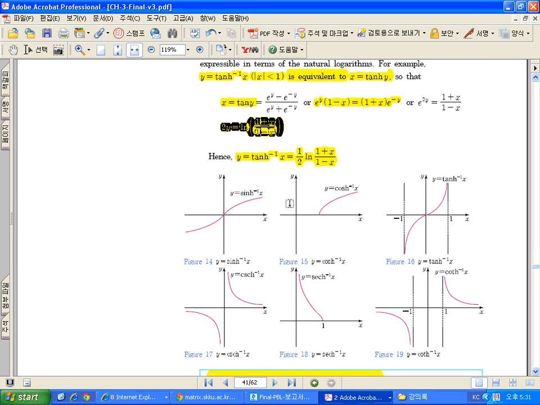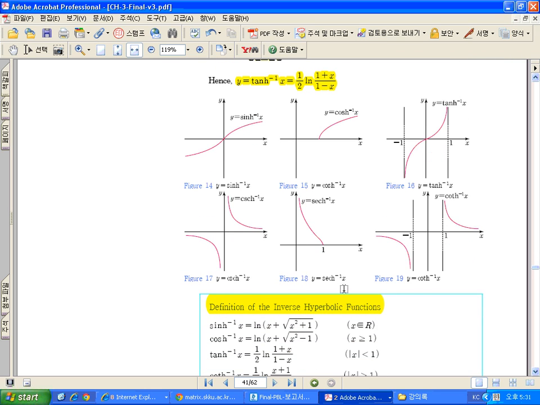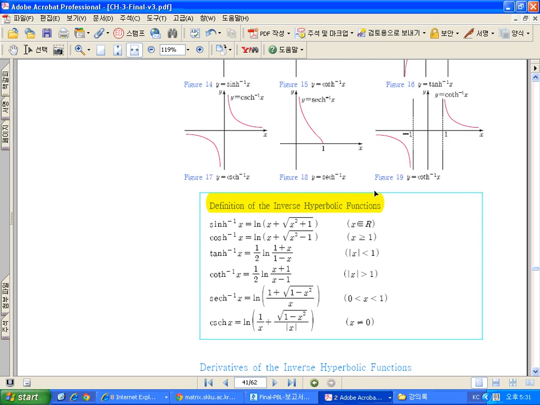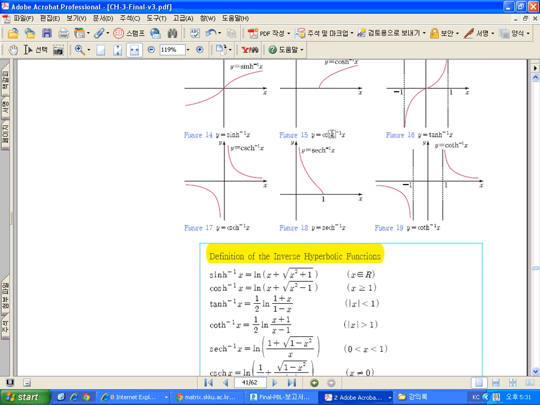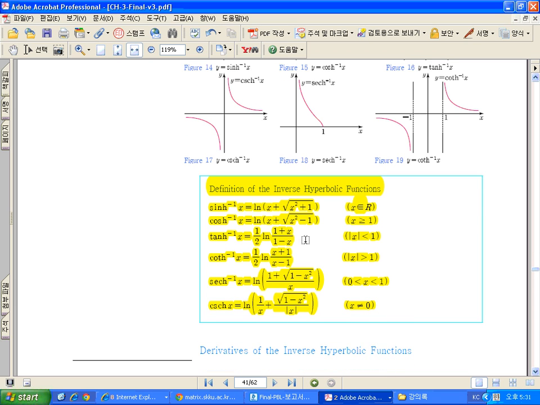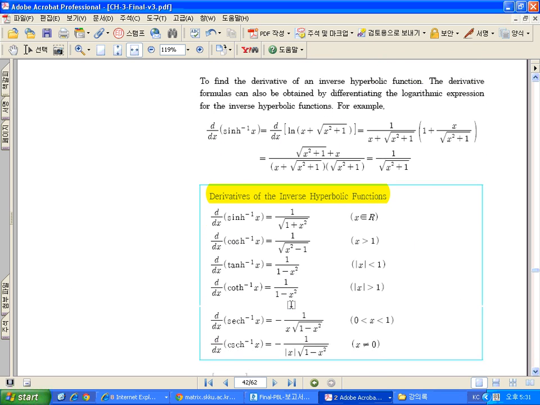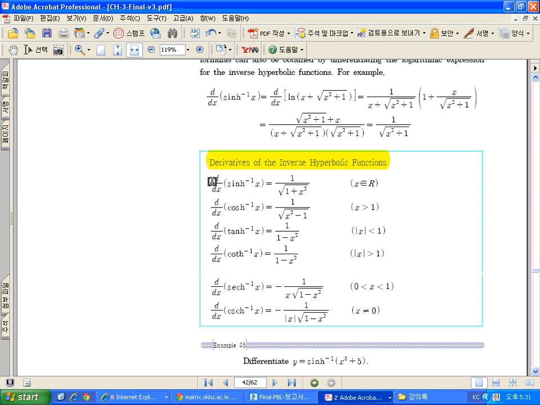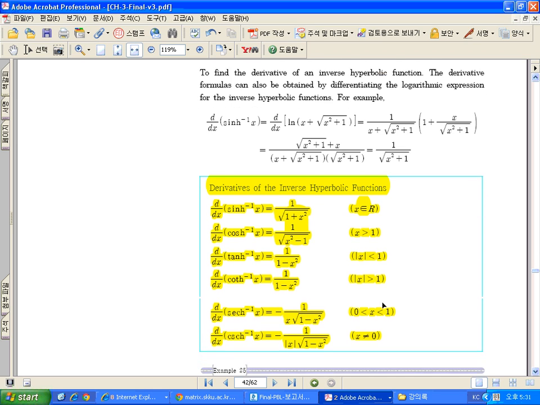Also, we can draw all the inverse hyperbolic functions in this way using graphing tools. From those simplifications, the inverse hyperbolic functions can be written in this way. And the derivatives of the inverse hyperbolic functions can be found in this way with the techniques that we have developed so far.